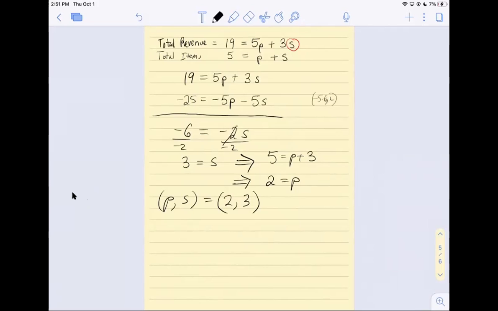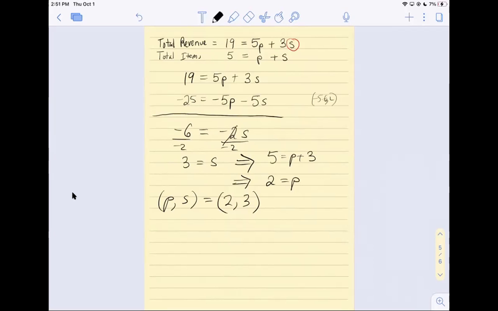Okay, so one student asked, why do we multiply by -5? That's a good question. That's the heart of elimination, and that's what makes everything work out.